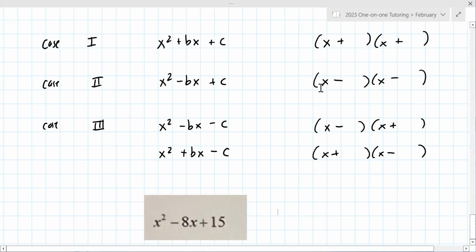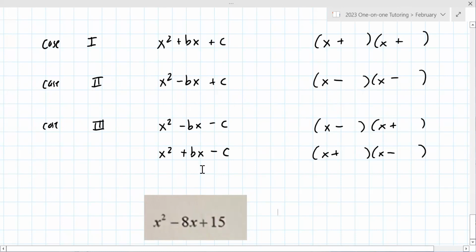Notice that it's minus and then plus. That matches with this case 2 here. Oh wait, I didn't see the second minus, I was reading that as a plus. I was reading the third line.